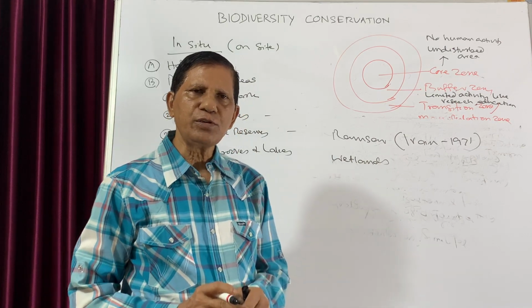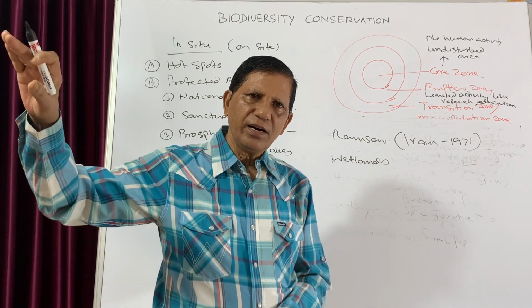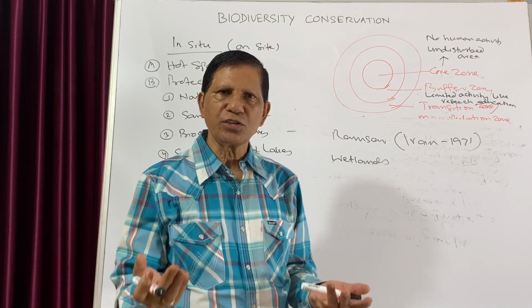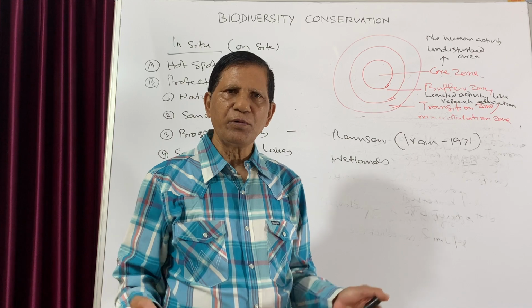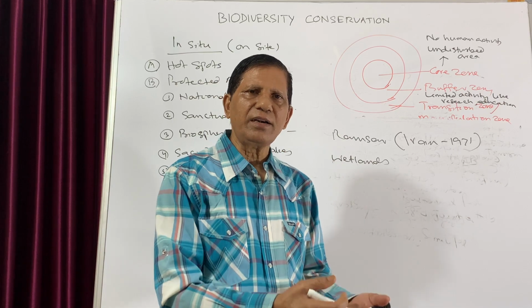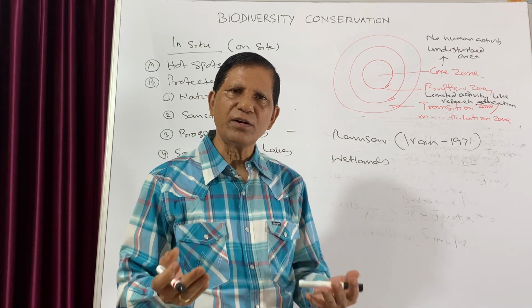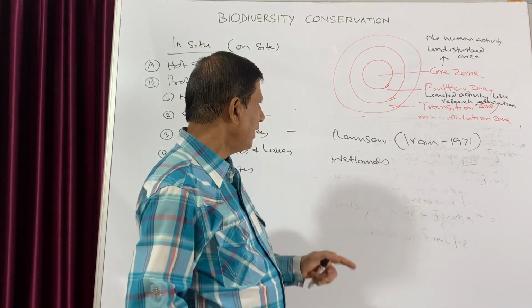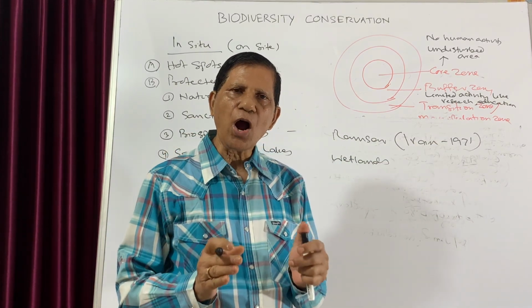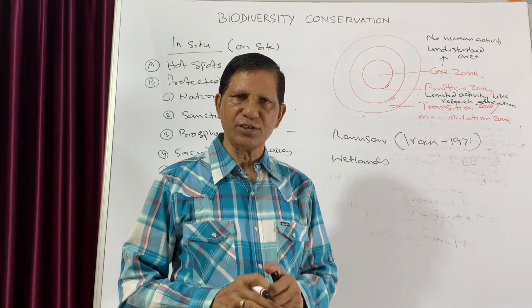Usually there are several wetlands, low areas where the runoff water goes and settles. When there is some construction work, people will dump all the waste material there, and new buildings will be constructed in that wetland. But thereby we are losing a lot of biodiversity. That is why in the Ramsar Convention in Iran in 1971, it was decided how to protect these wetlands, known as Ramsar sites.